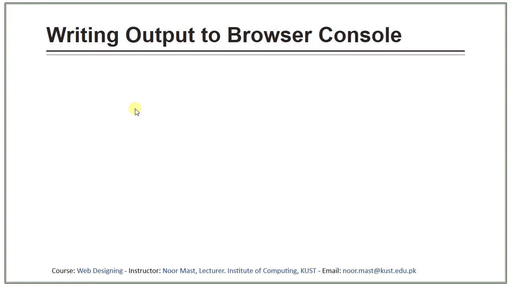Writing output to browser console. Using the console.log method, you can easily output a message or write data to the browser console. This is a simple but very powerful method for generating detailed output. Look at this example.